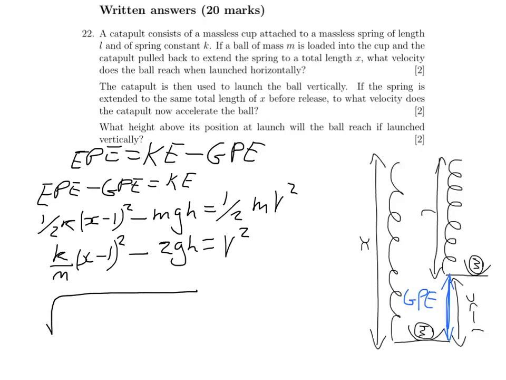So we need to find the square root of that: the square root of k over m times (x minus L) squared minus 2gh. And that gives us our velocity. At this point I'm going to rewrite it by substituting h with x minus L, because that distance h in this case is x minus L.